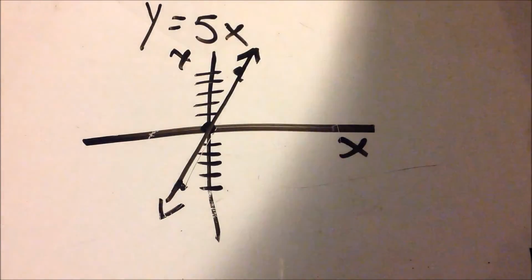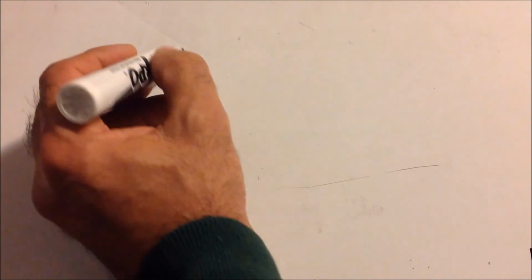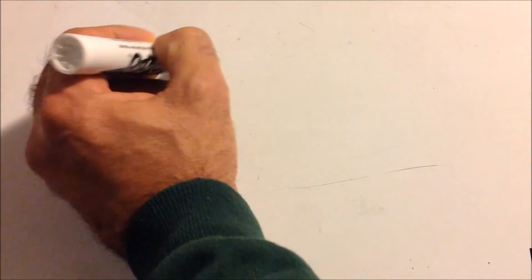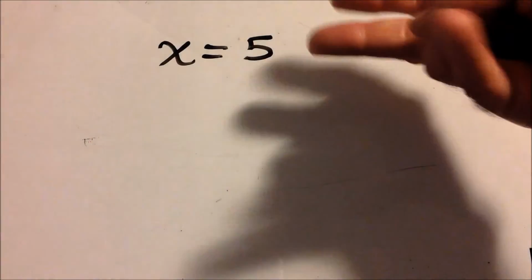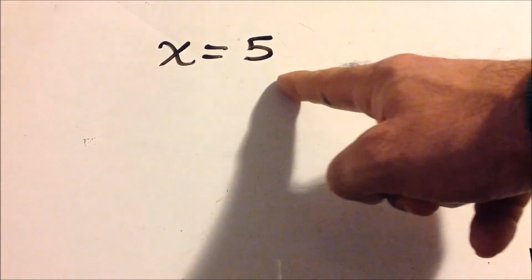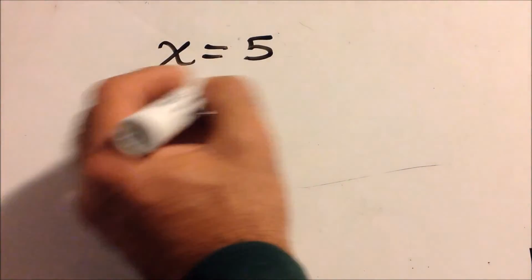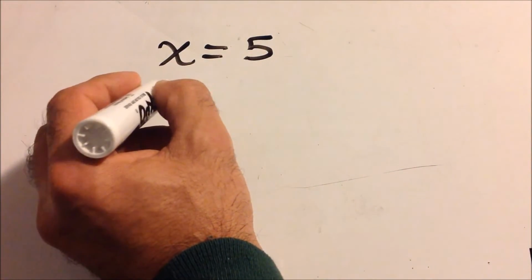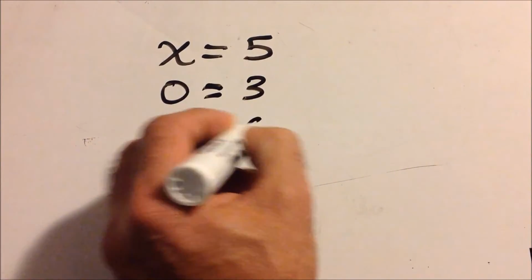So again, if you ever see, let's erase this, if you ever see where you do your answer and x equals something, like let's say x equals 5 or 6, whatever, then there's one solution. If x equals something, one solution. But if you get at the end something like 0 equals 3 or 5 equals 6, it contradicts.